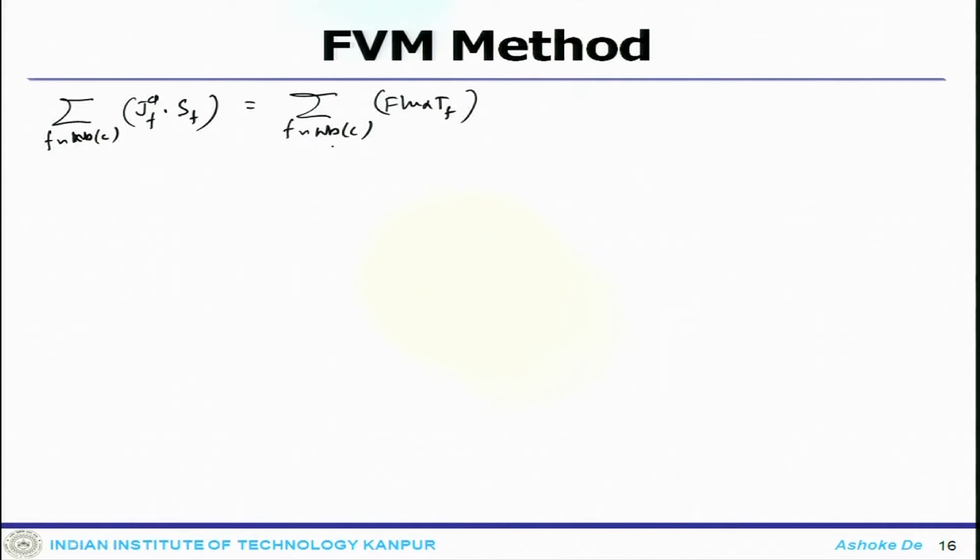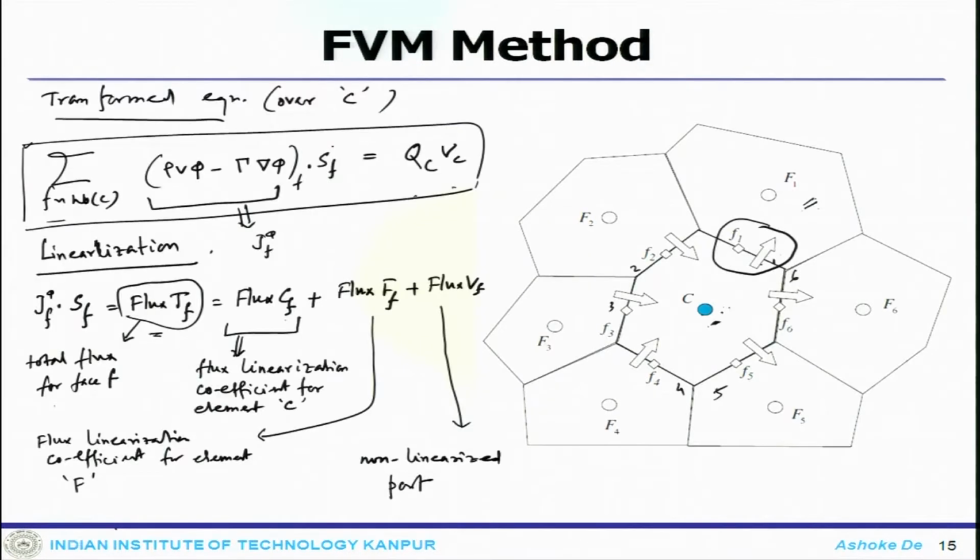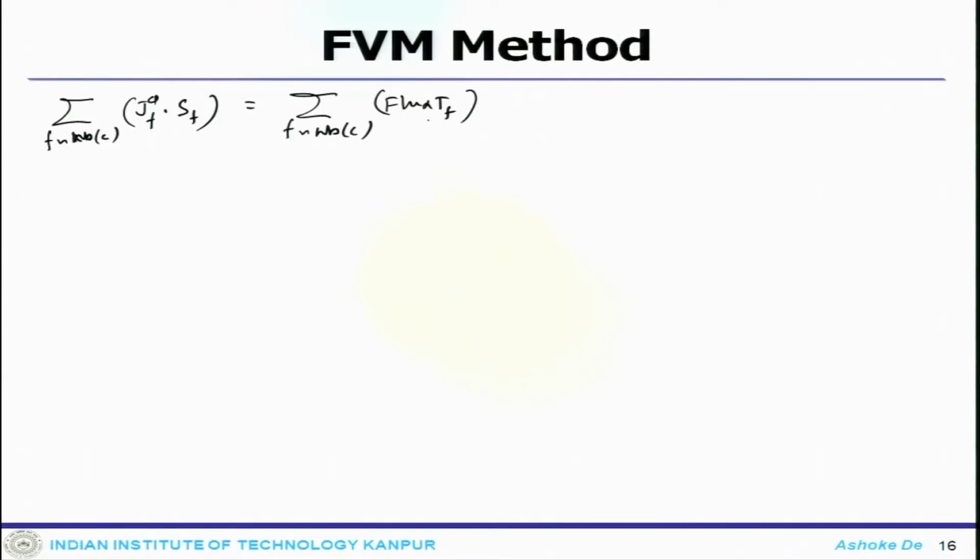So, on the left hand side of the equation, I am writing the total flux. So, over that element, you have flux C_f phi_c plus flux F_f phi_f plus flux V_f.